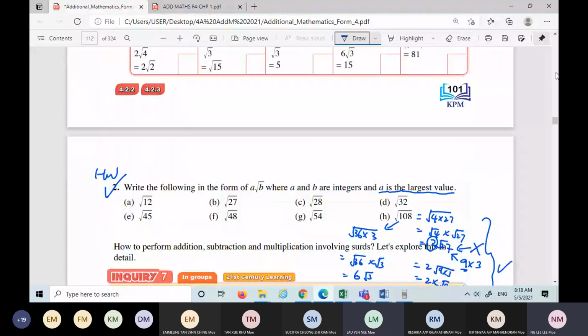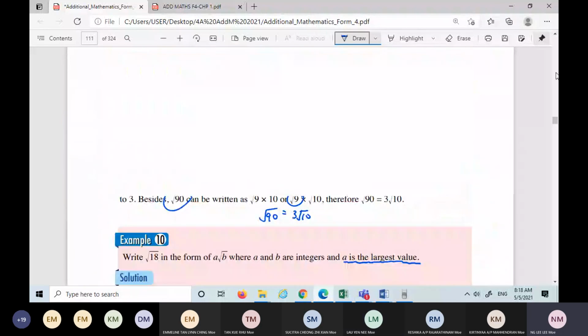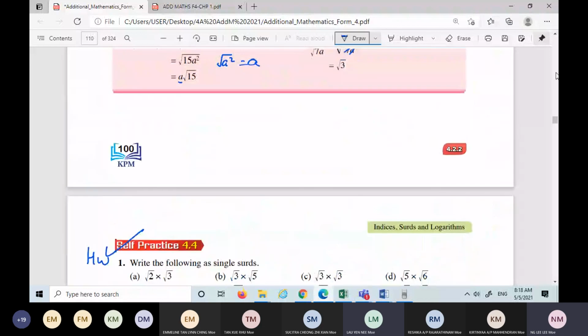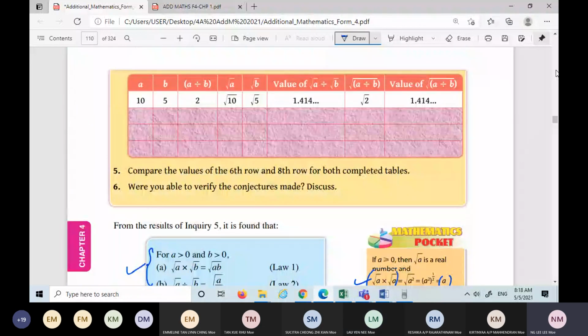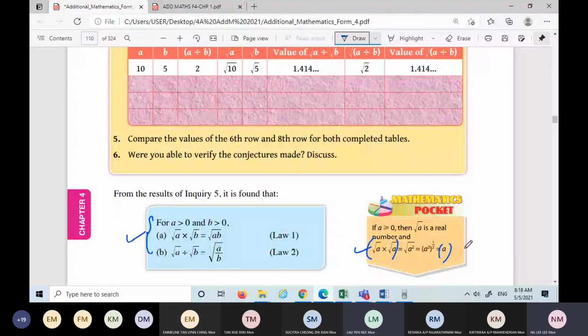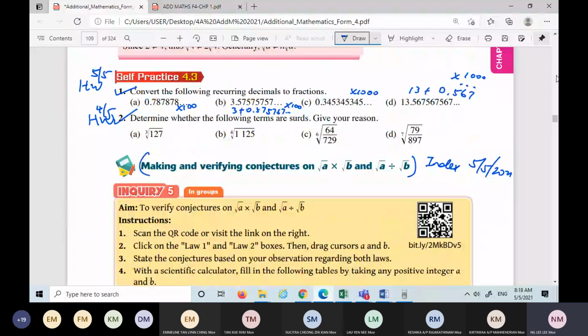But if you don't have a textbook, it means replay this video. Same thing, follow your own style, however you want to make your notes. I think you mean this one, law 1, law 2, and then this one. Yes. You replay the video and see whatever you need, and write it down as your notes.